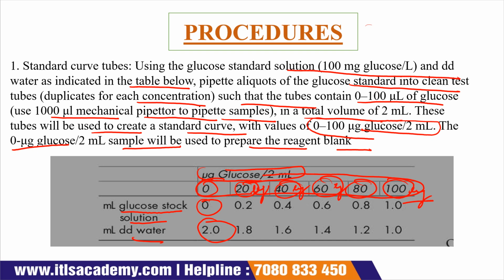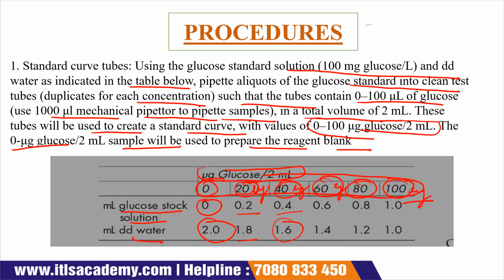Now in the second one, when we have to prepare 20 microgram of glucose per 2 ml, then we are going to add 0.2 ml of glucose stock solution and 1.8 ml of deionized distilled water. Then when we have to prepare 40 microgram of glucose, we are going to add 0.4 ml of glucose stock solution and 1.6 ml of deionized distilled water.